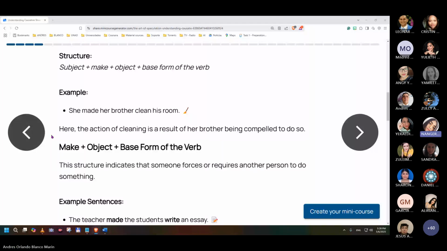I'm using made because it's the past tense. It's a completed action. And what I want from the brother is a clean room. So she made her brother clean his room. The action of cleaning is a result of her brother being compelled or forced to do so.